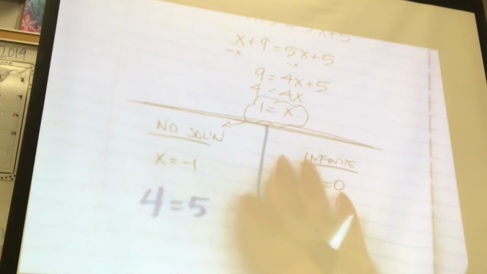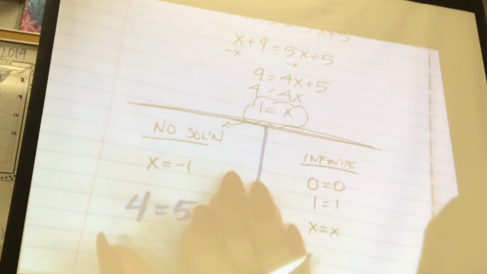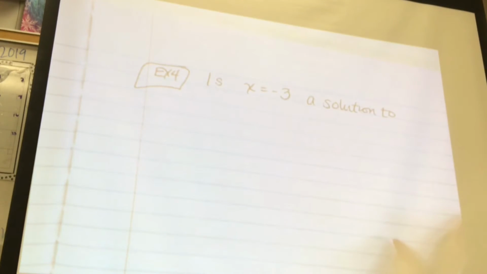All right. What if I'm asking you if something is a solution to something? So let's move on to example 4. Is x equals negative 3 a solution to this problem?